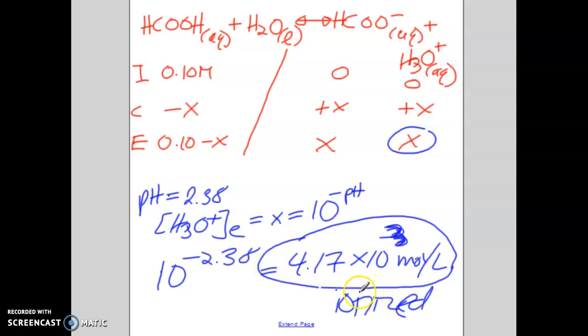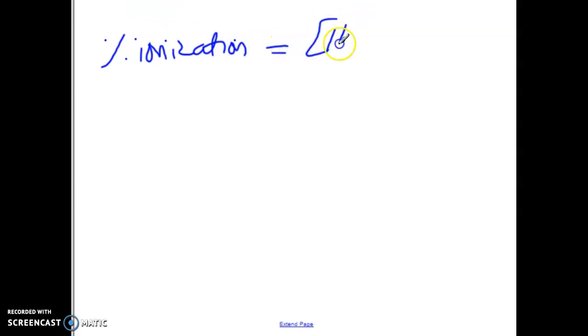So percent ionization is equal to the concentration of hydronium at equilibrium, which is another way of saying the amount of weak acid that has been ionized, or the amount of product.